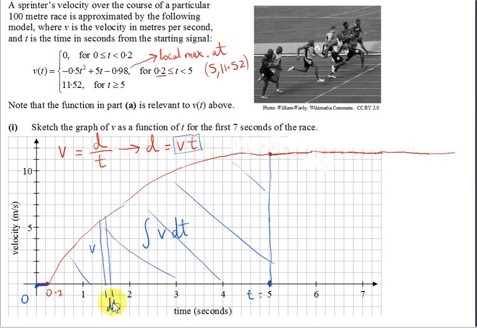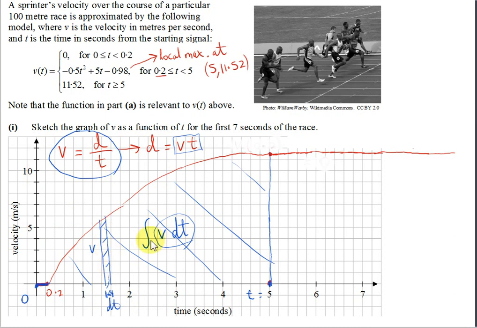So v times dt gives us the area of this. And then of course we're summing all of them. So we're summing the distance travelled by the athlete over a tiny increment of time dt. Velocity times time gives us the distance over that increment. So it kind of makes sense. So you just really need to be familiar with this formula.